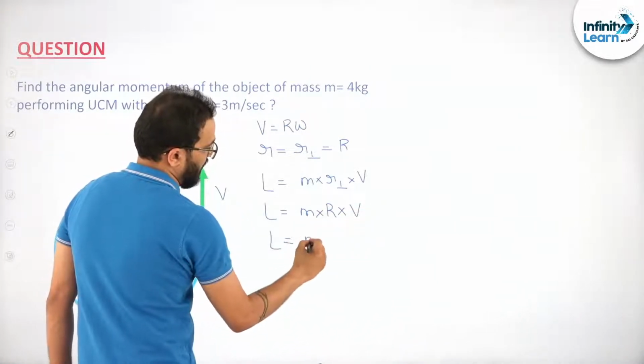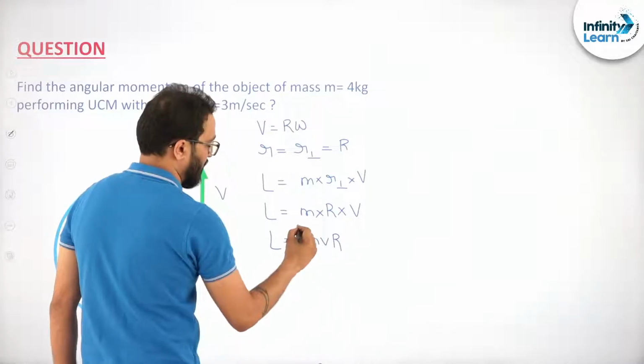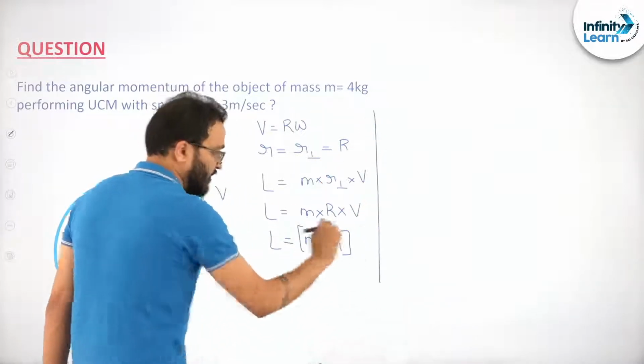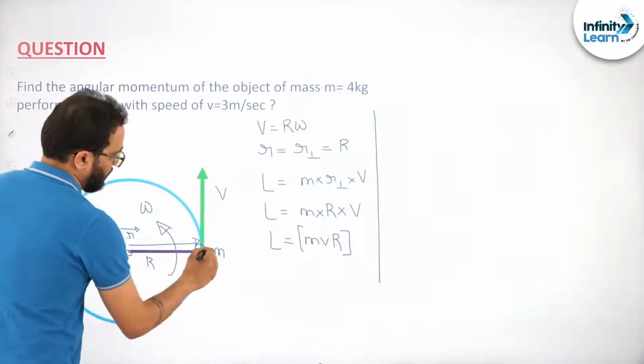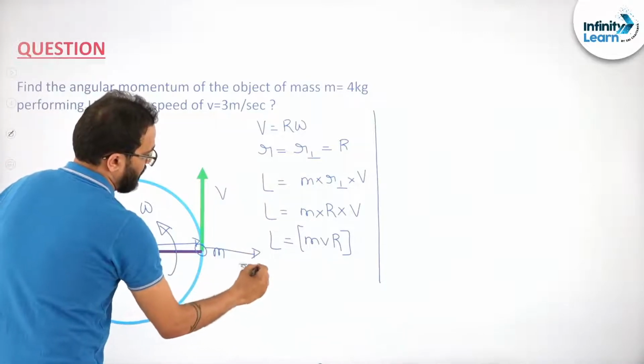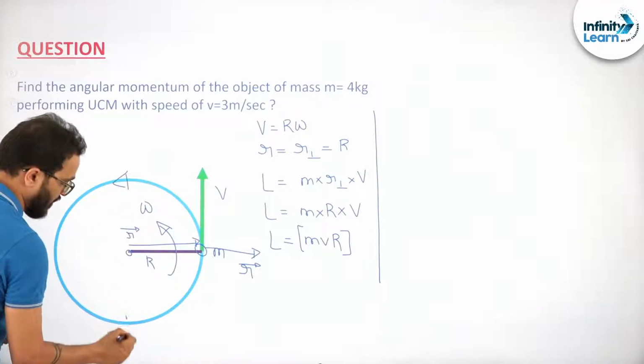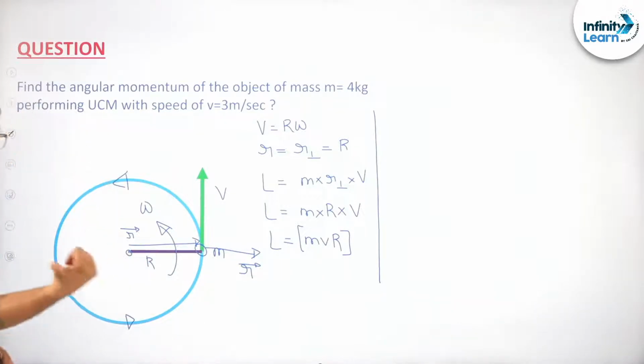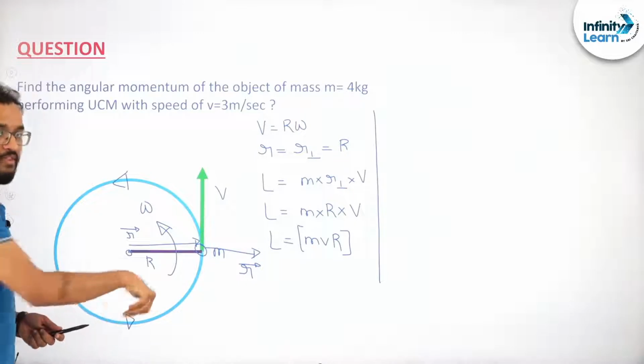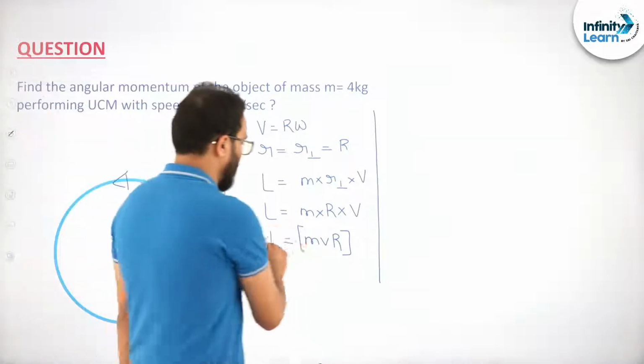So L will be mvr. This is vector r. So r cross v, what is the direction right now? If it is rotating like this, the direction is outside, and if it is rotating like this, the direction is inside.